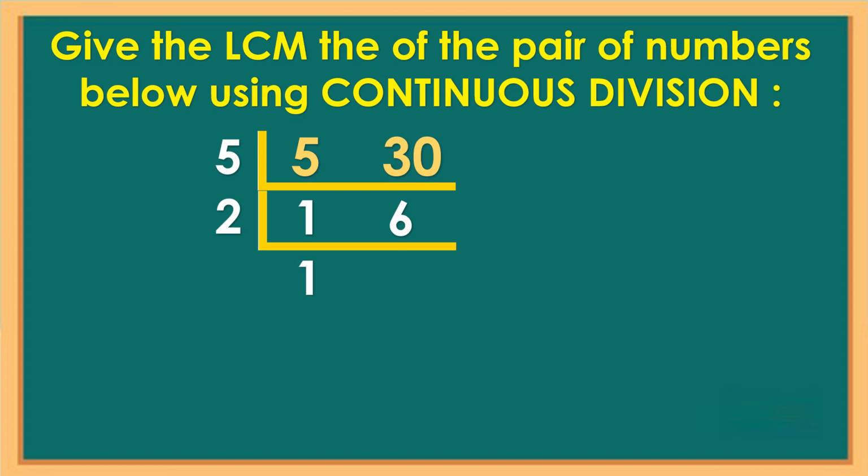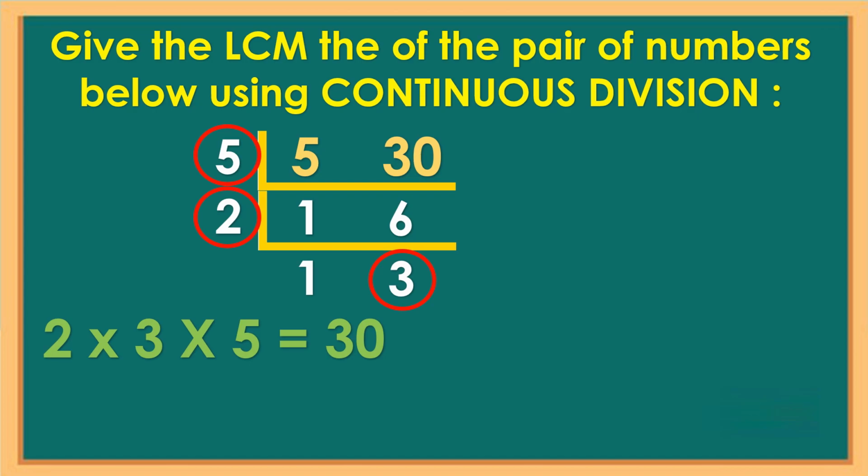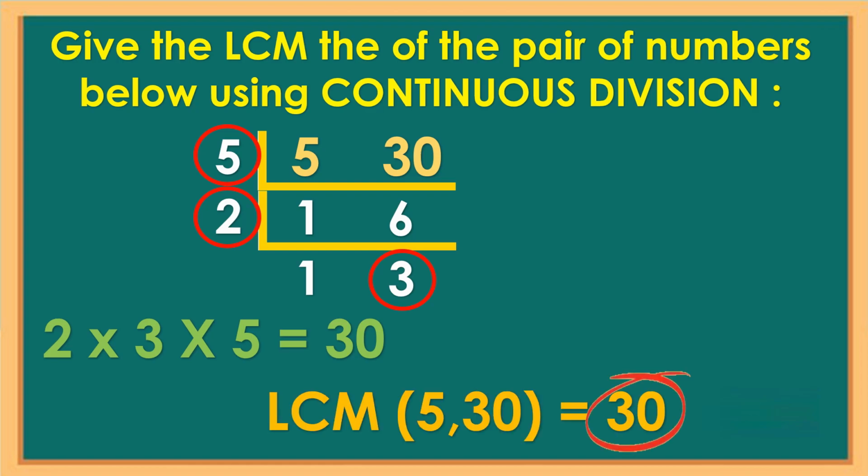Just write 1 below 1. Then 6 divided by 2 is 3. So let us get these numbers, 5, 2, and 3. So 2 times 3 times 5 is 30. The LCM of 5 and 30 is 30.